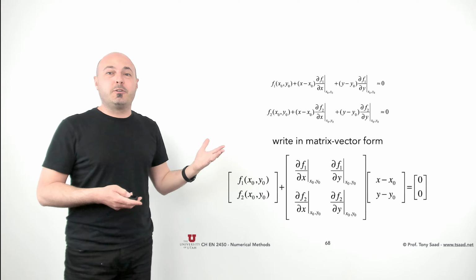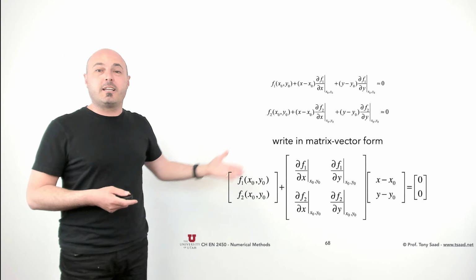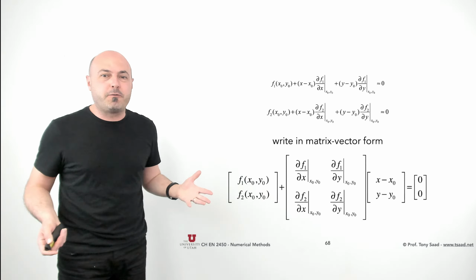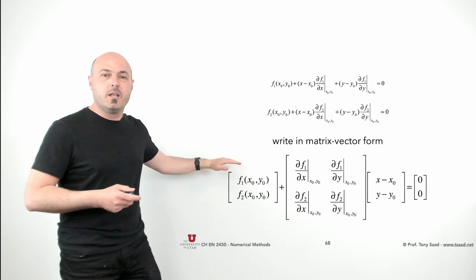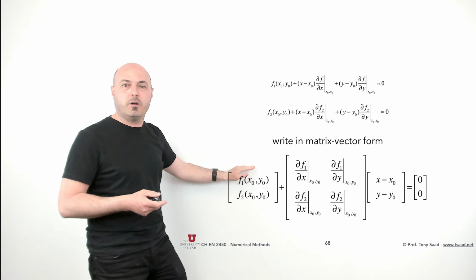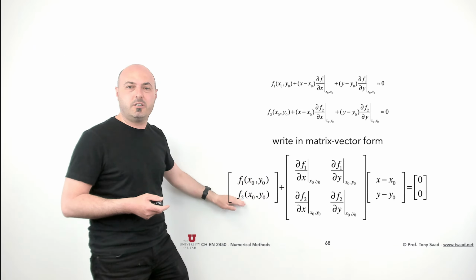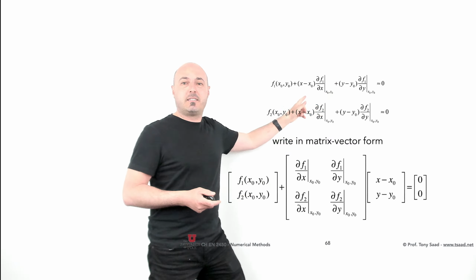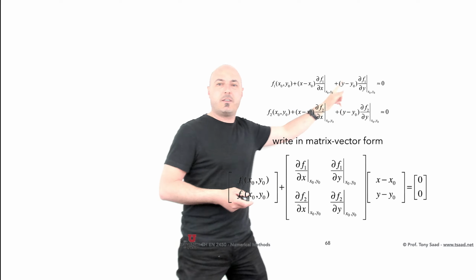Now I want you to think about writing this in matrix form. Whenever you have a system of linear equations, the first thing you do is write things in matrix form. So f1 and f2, I put them in this vector. Now, for x minus x0 and y minus y0, you see they're showing up.